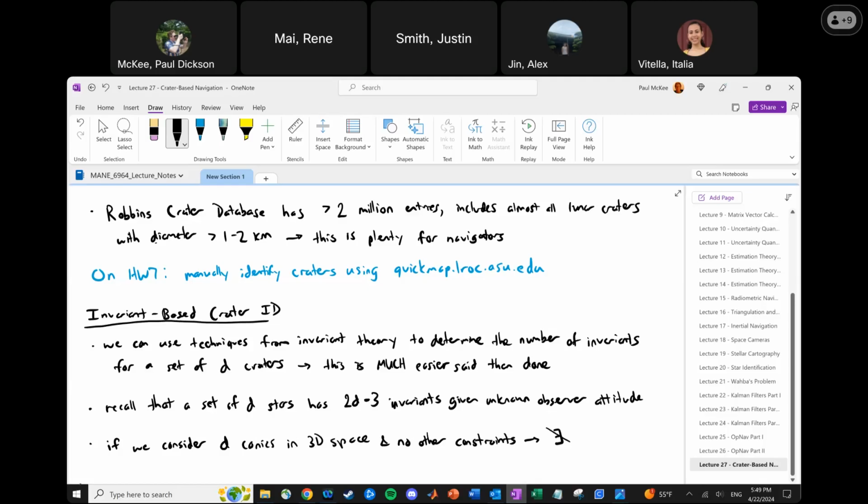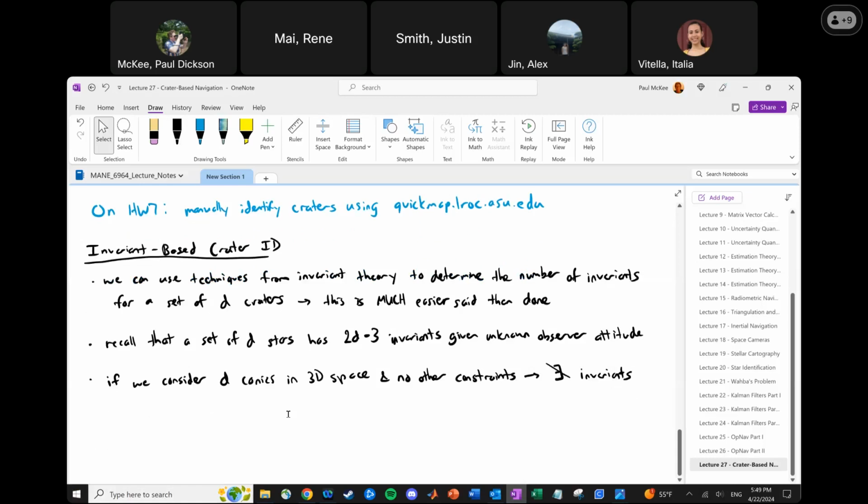That is the symbol for does not exist. There are no invariants in general, right? If you've got just D circles floating in space and you're looking at them from an arbitrary viewing point, there is nothing about them that is completely invariant. There's no way to say, well, I can recognize those 3 craters based on blank. There's just nothing to work off of.